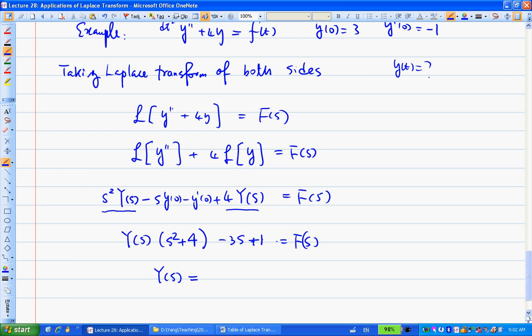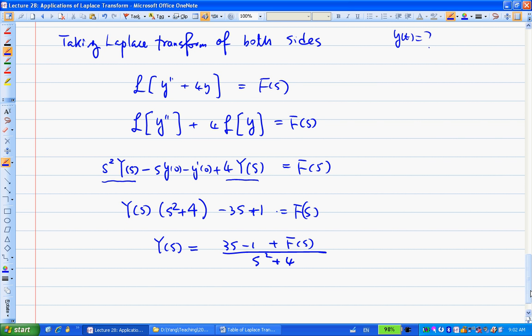Is that right? That's plus 1? So then let's move this term to the outside. Move this term to this 3s minus 1 plus F of s, divided by s squared plus 4. So that's Y of s here.